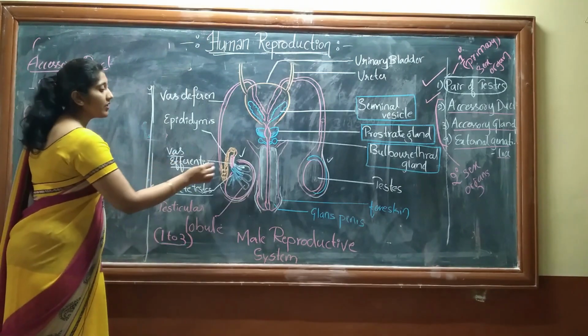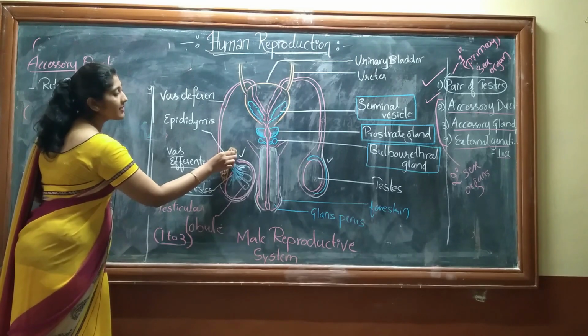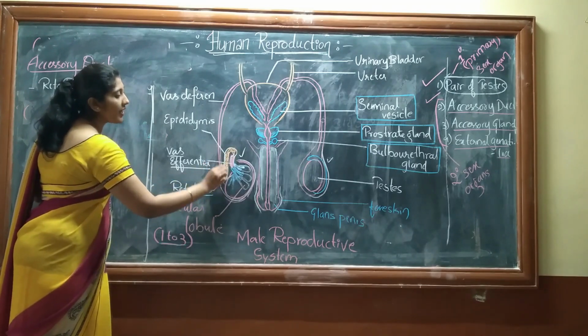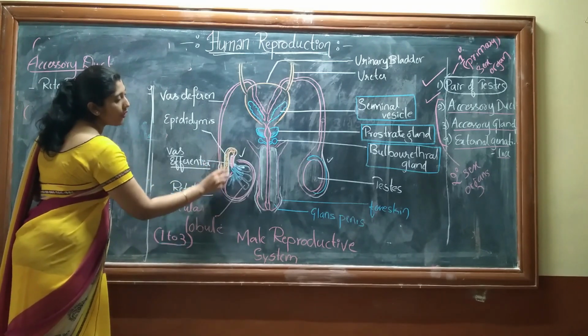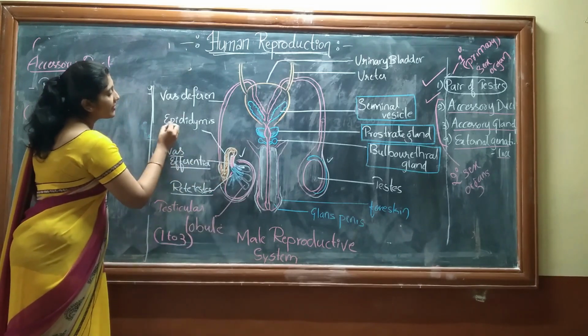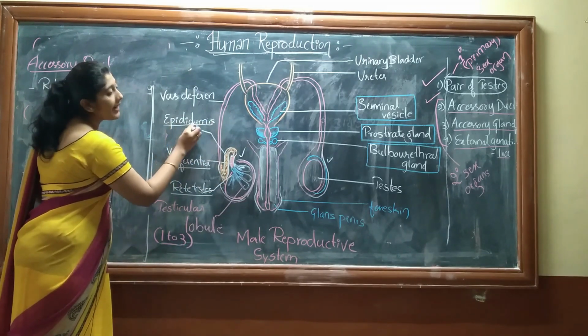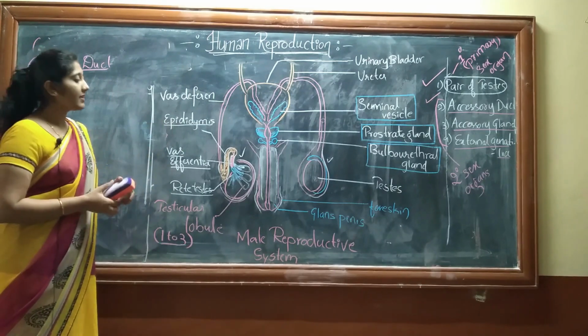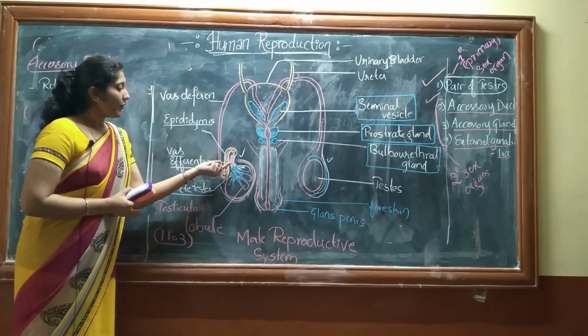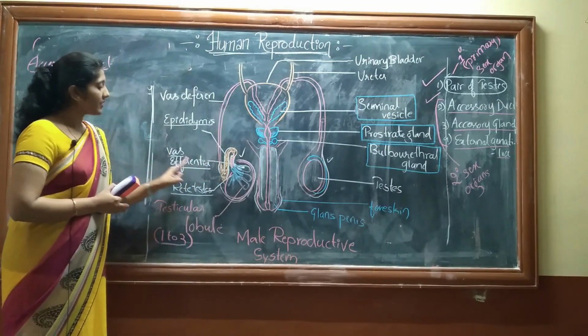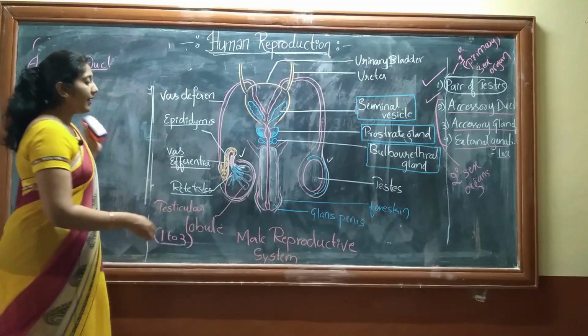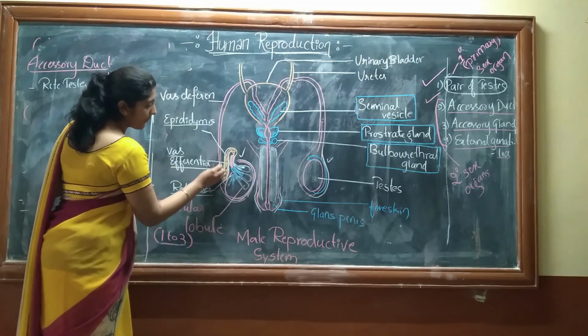The vas efferentia is continued in the comma shaped duct which is orange in color, and this duct is called the epididymis.